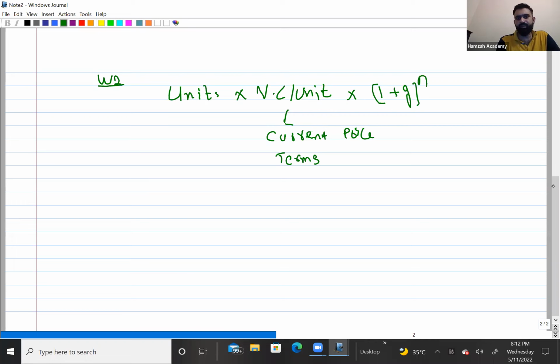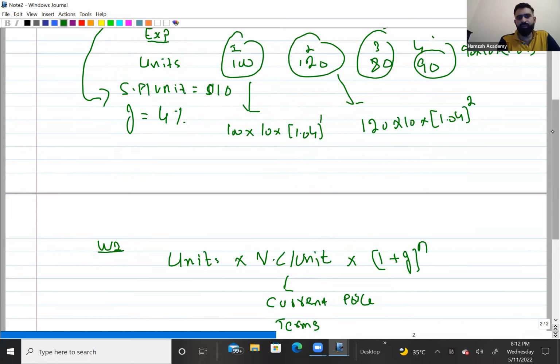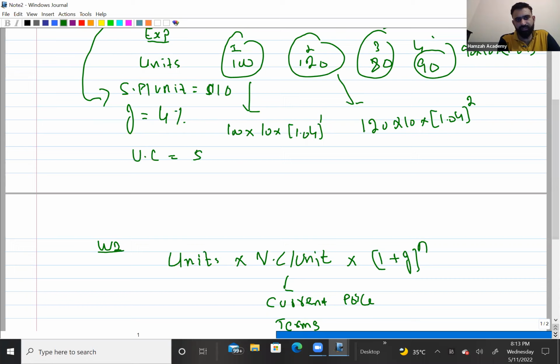For example, we have the same data, and the variable cost is $6, and the growth in variable cost, let's assume, is 5%.